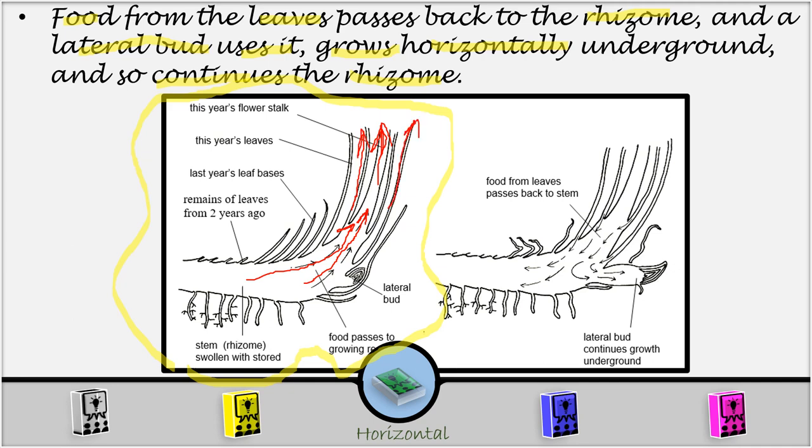When they start producing food, the food will be turned back to the rhizome, and it is the one that is going to be used by the lateral buds, so that the lateral buds can grow and continue increasing the rhizome size.